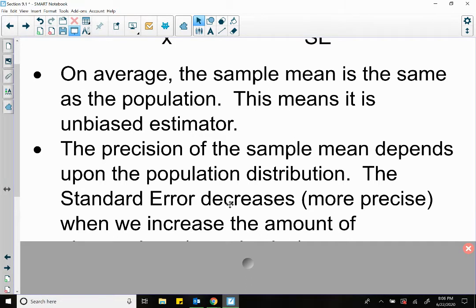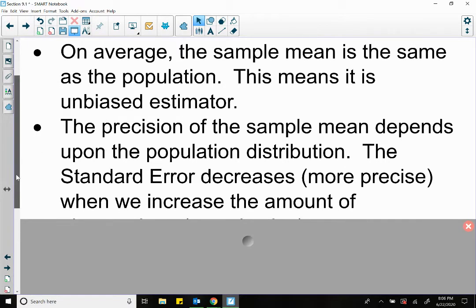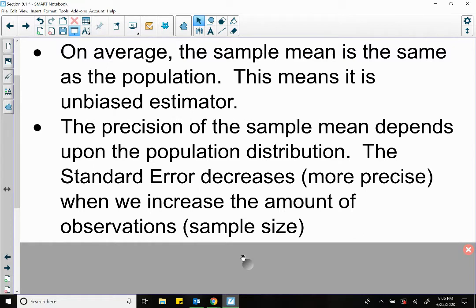The standard error decreases when we increase the number of observations, or the sample size. So as we increase the sample size, the standard error decreases, which makes it more precise, which helps with the precision overall.